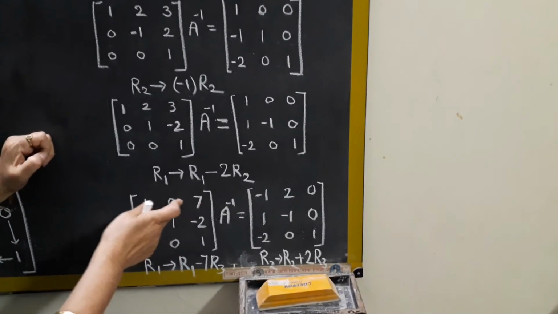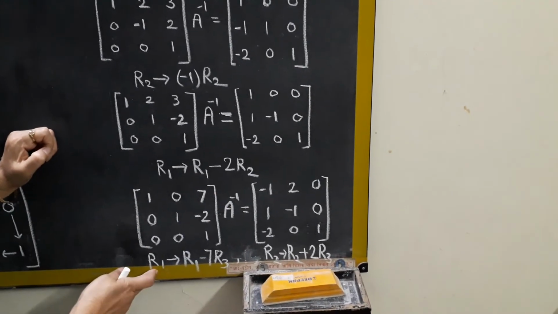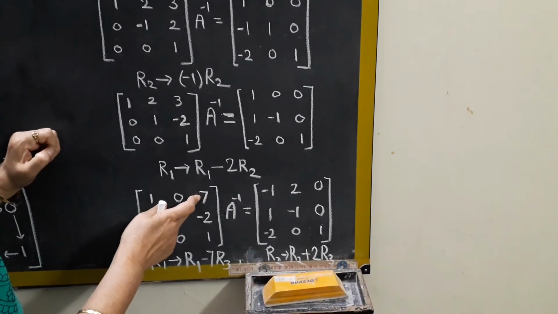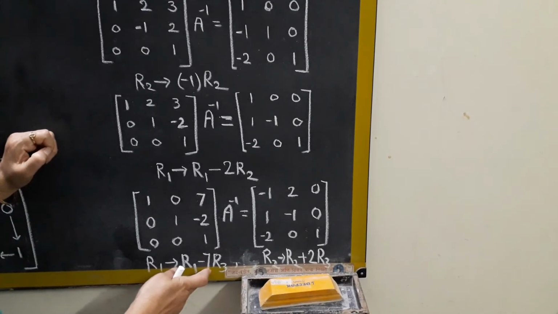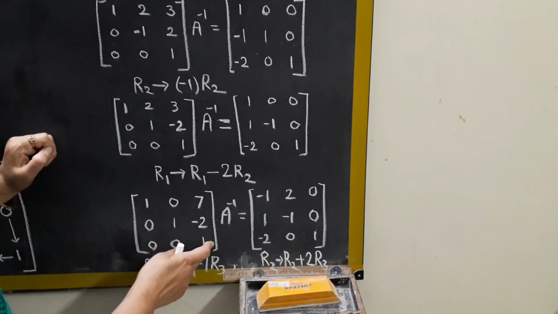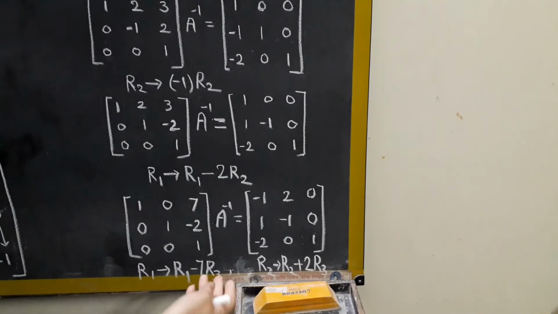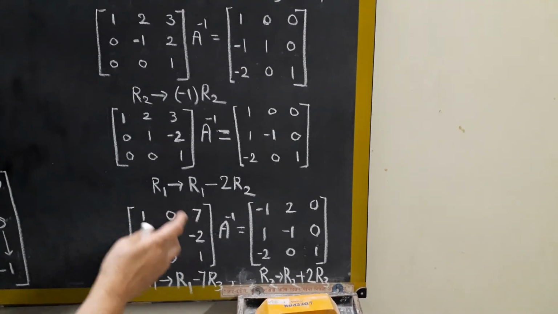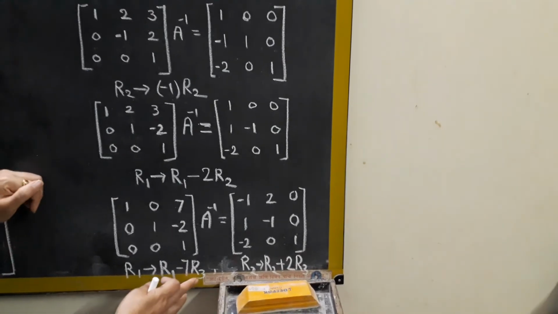That is, we are supposed to change the R1. R1 we are going to change here. The opposite of 7 is minus 7, so the K becomes minus 7, and we will consider now, see that Rj now becomes R3. Why? Because we are completing which column? The third column, and so we consider here R3.